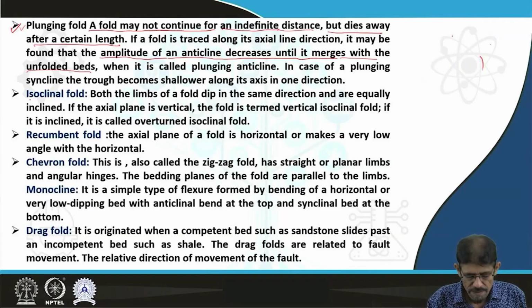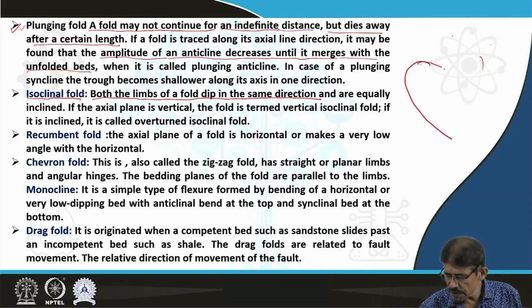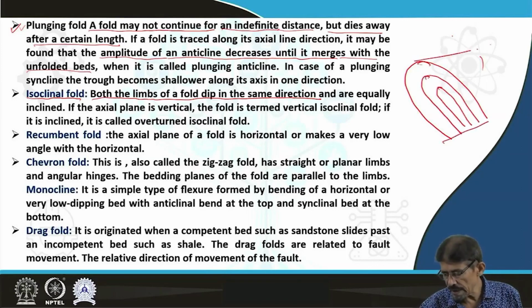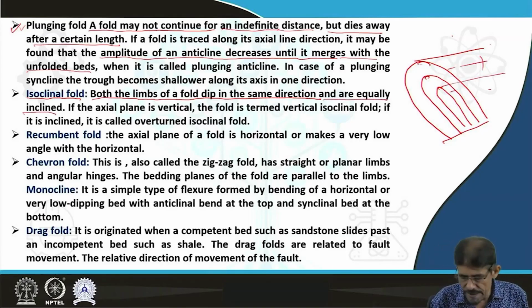The next common type of fold is the isoclinal fold. Iso means same, clinal means inclined. This refers to the dips. Both limbs of the fold dip in the same direction, hence iso. In 3D you can see it this way, and both limbs are equally inclined.